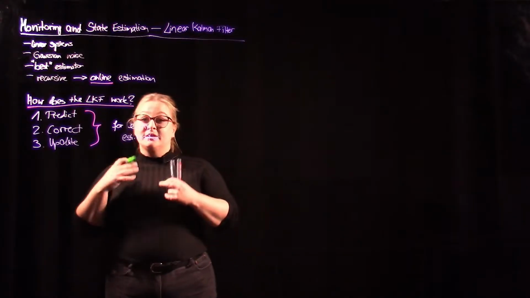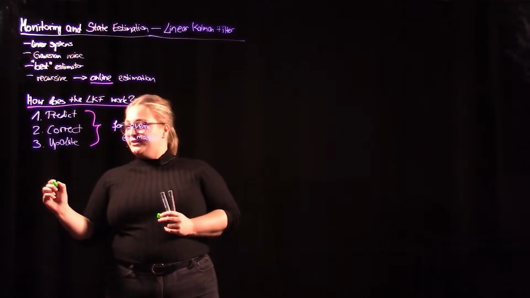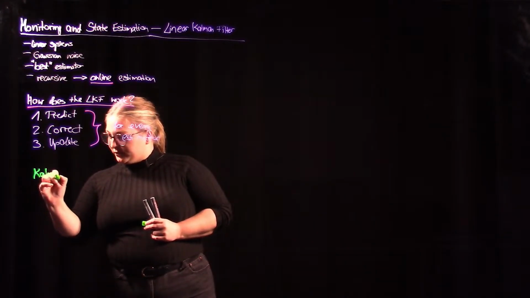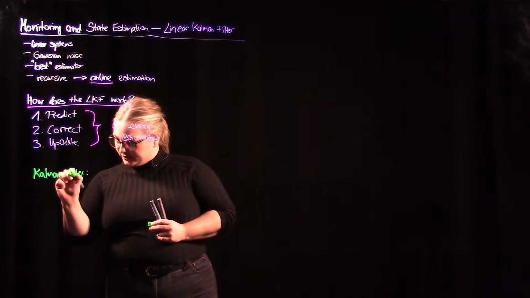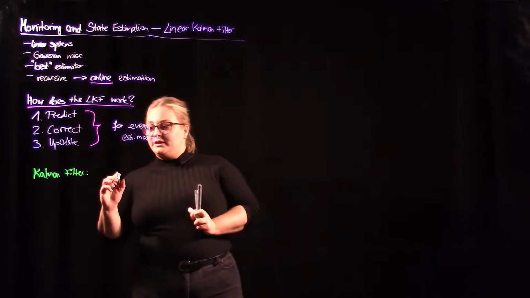So specifically for our Kalman filter, where we're still in the linear system with Gaussian noise, we do have to consider some things. In the last video, we talked about the different matrices we need.